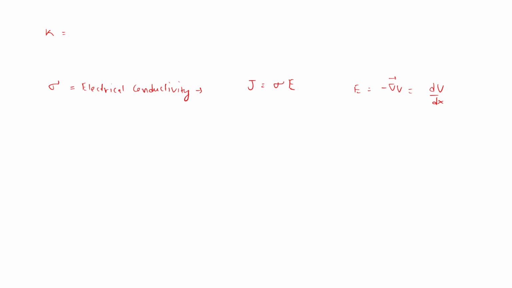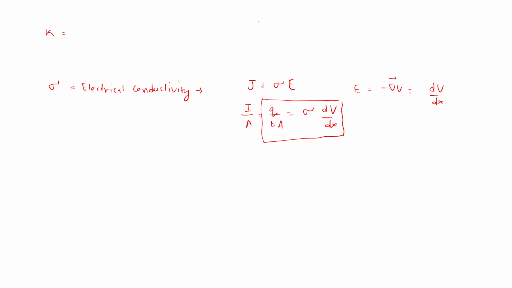J is I over A, and I is charge over time. So the charge passing per unit area per unit time equals sigma times dV over dx, proportional to the potential gradient.